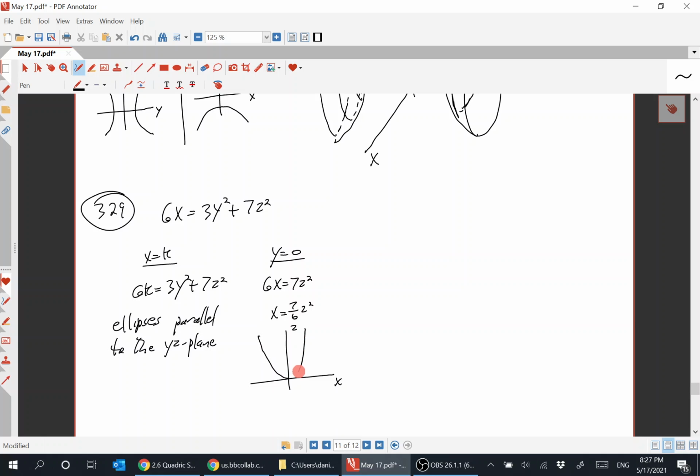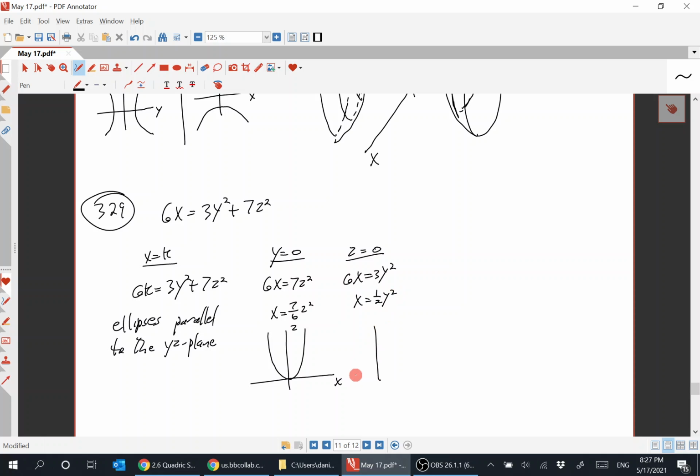And if we let z equal to 0, same thing. We have 6x is 3y squared. Right? So x is equal to a half y squared.